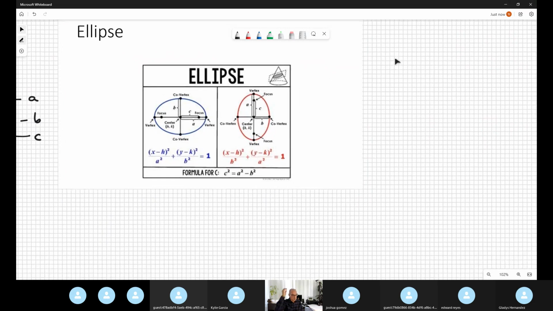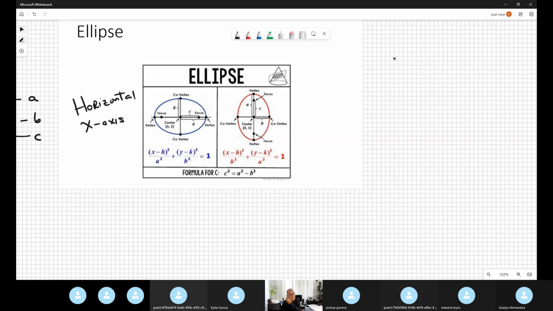See, the position of the major axis is parallel or coincident with the x-axis. This is horizontal. Repeat again the idea. Horizontal ellipse. See, the vertex or major axis is coincident or parallel with the x-axis.